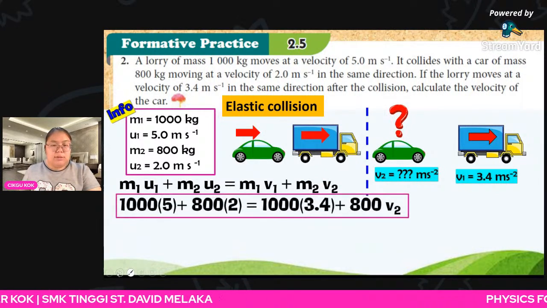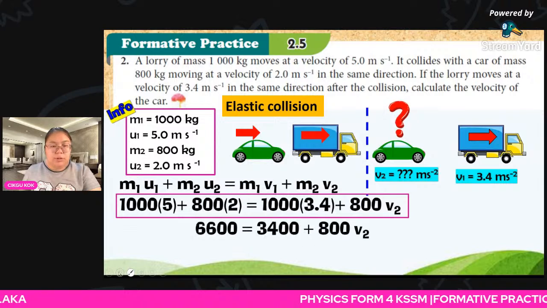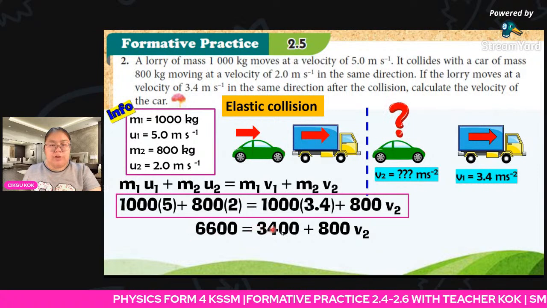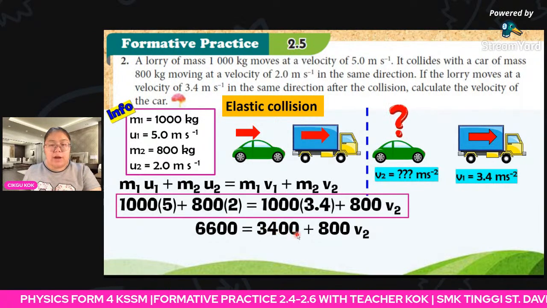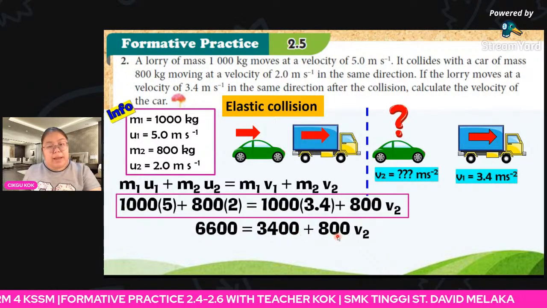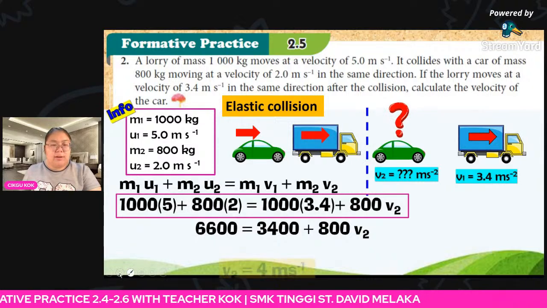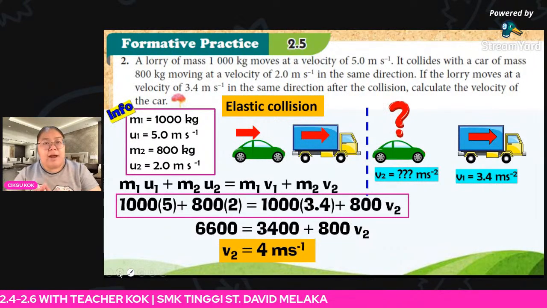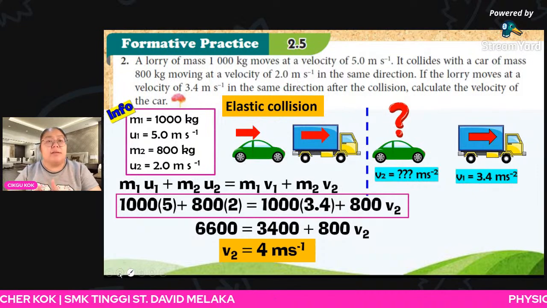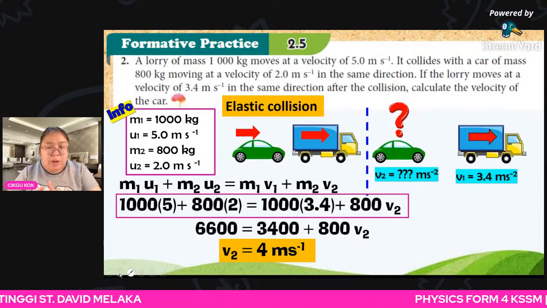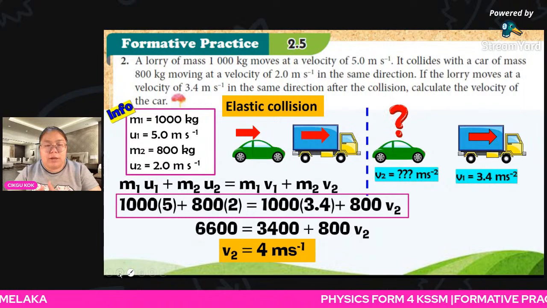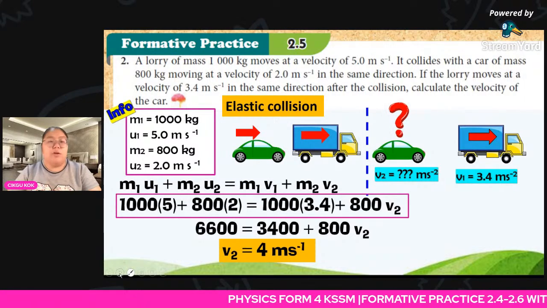This is all I put in. Finally I find V2: 6,600, minus 3,400, then divide by 800. So we find the answer. Yes, correct. Divesh is correct: 4 ms^-1. From here we go through the following question.